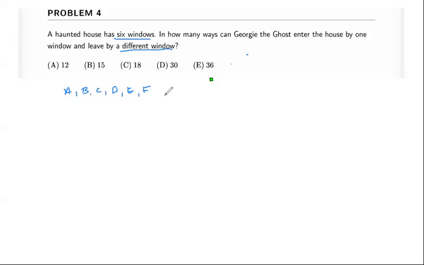So I have 6 choices, and I can list them if I want to. I can start with A as the entering window. But as soon as you use A, you cannot go back with A to exit the house.